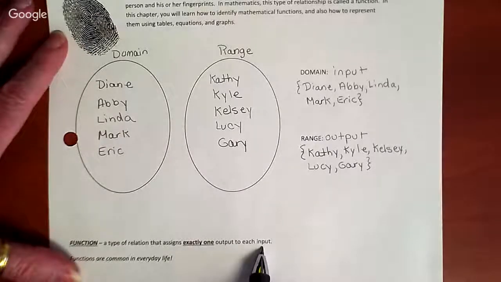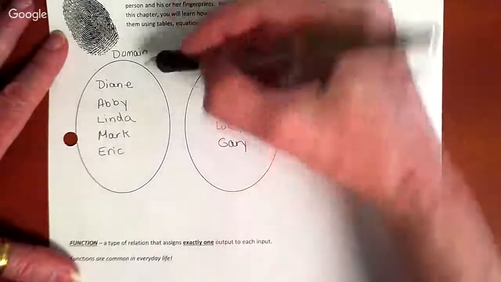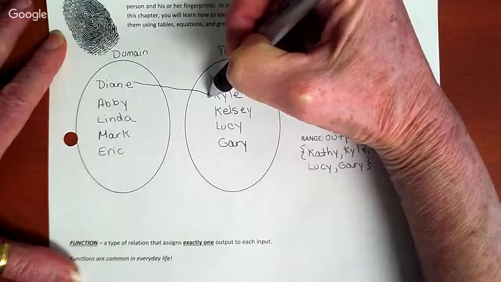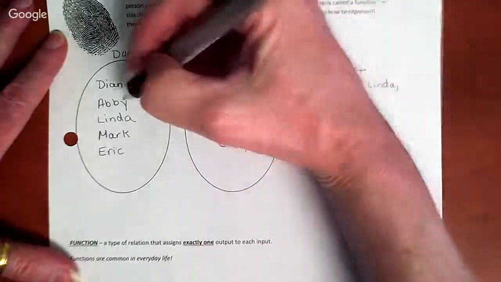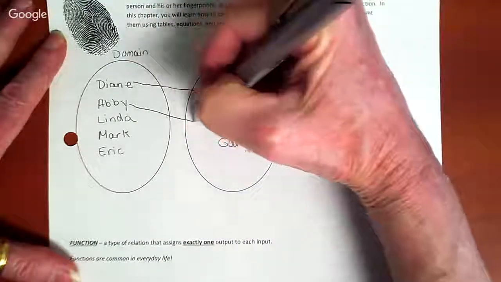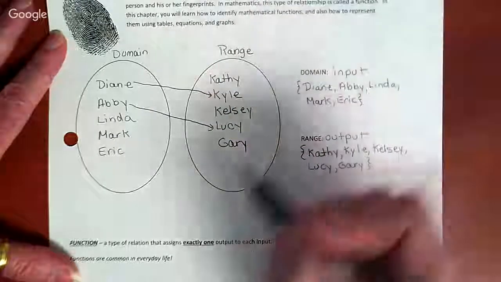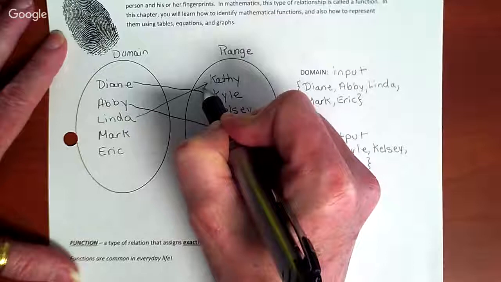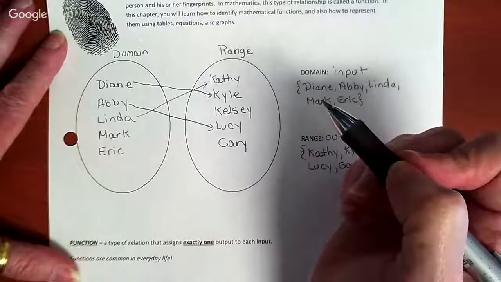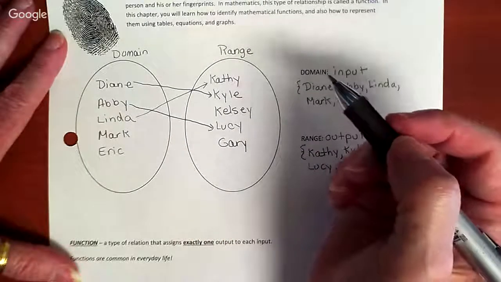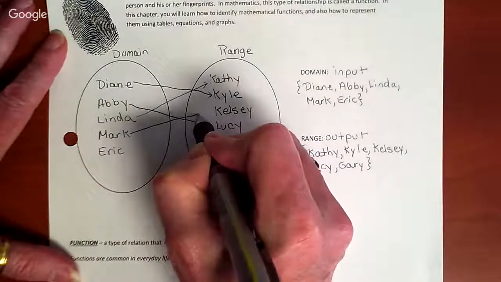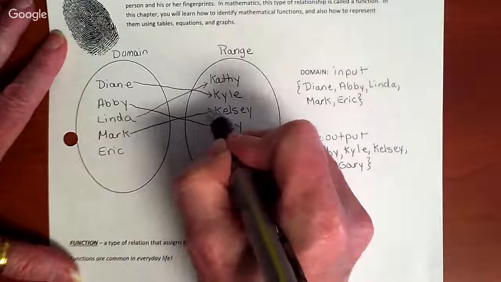So for example, Diane can go to Kyle. Abby, we can go to Lucy. Linda, we can put to Kathy. Mark, we can put to Kelsey.